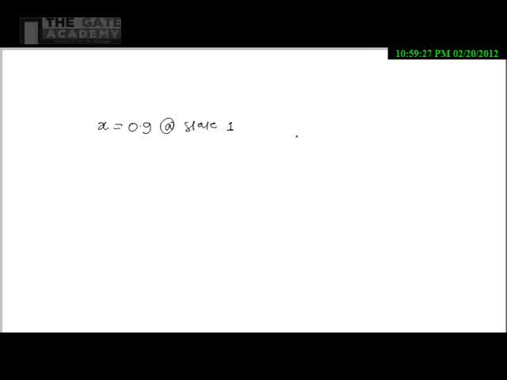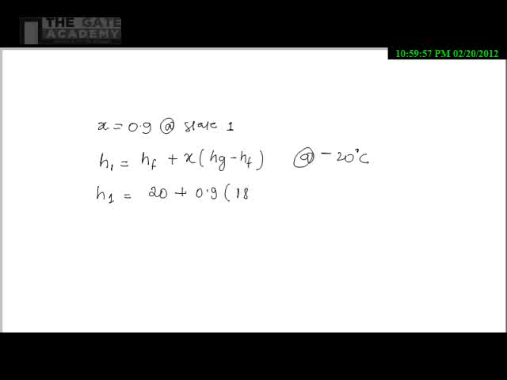Now let's find out the enthalpy at 1. Again the same formula, HF plus X into Hg minus HF, at minus 20 degrees centigrade. So for H1, HF at minus 20 degrees centigrade is 20 plus X, we know 0.9, into Hg at minus 20, which is 180, minus 20.